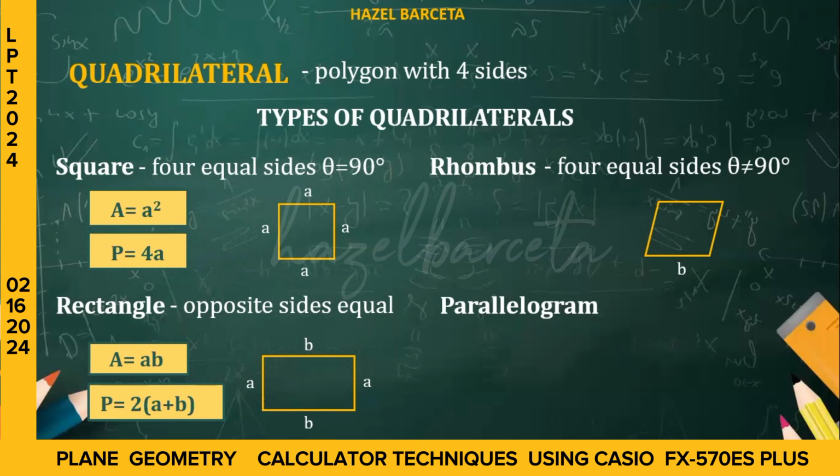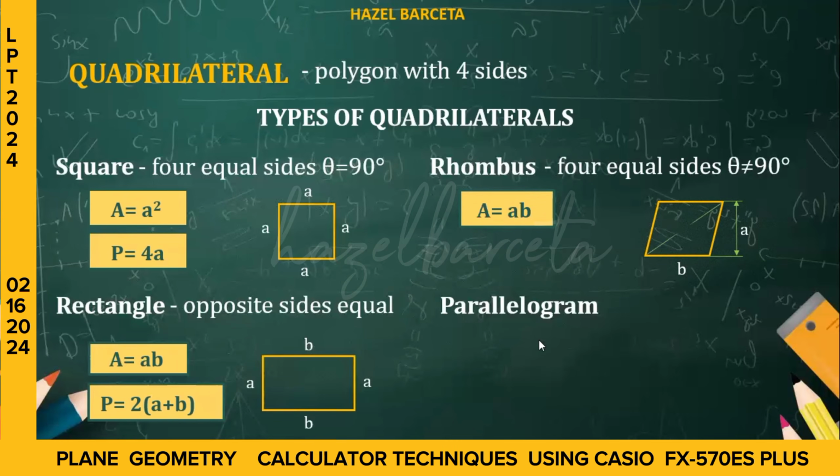So, A, then, since slant po ito, we have to solve for the vertical dimension. So, ito po yung perpendicular dito and A. The area is equal to A times B.